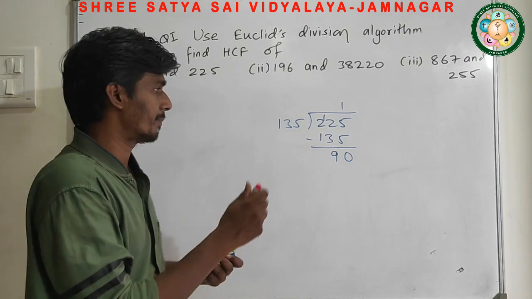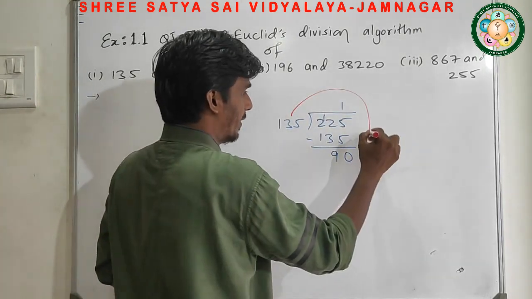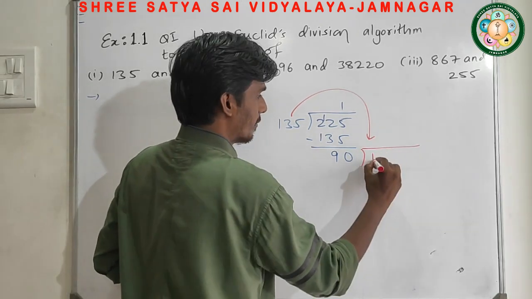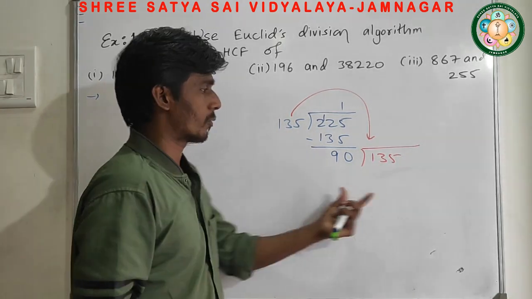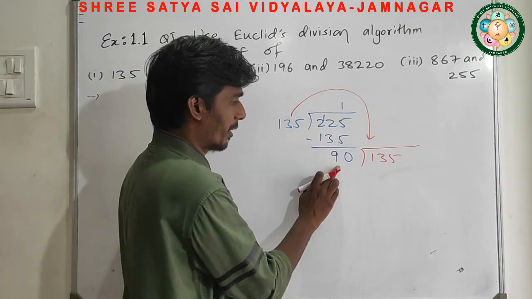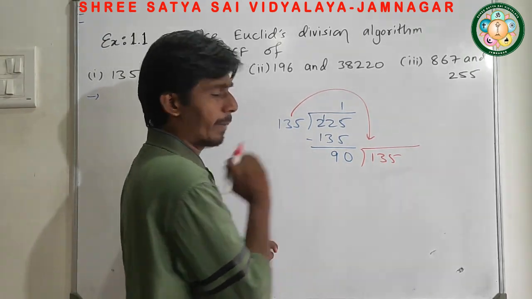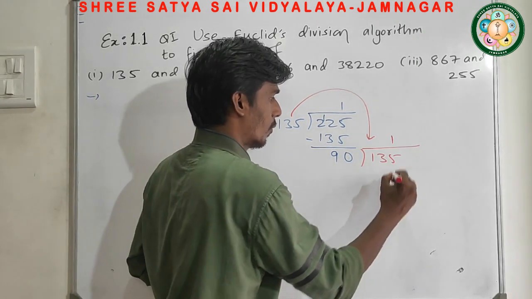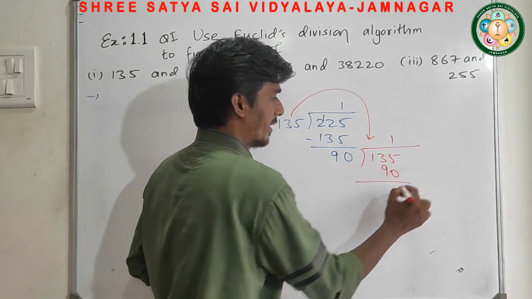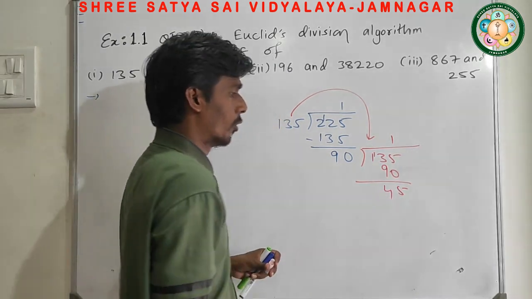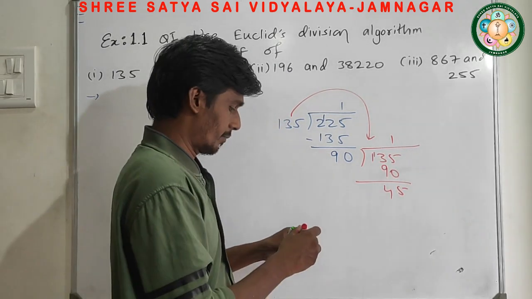Now the divisor becomes the dividend, and the remainder becomes the divisor. Now 135 divided by 90: 90 once is 90, and subtracting gives the remainder 45.